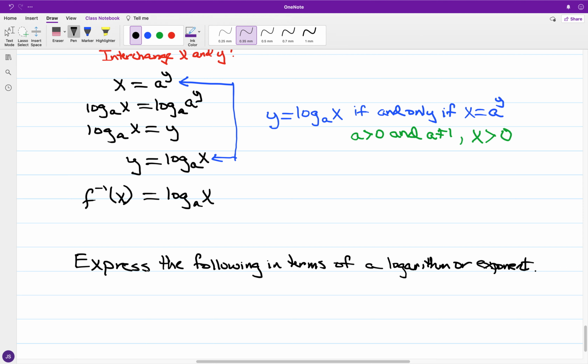Okay, so if I express in terms of a logarithm or exponent, I'm just going to give you a little bit of a visual guideline.